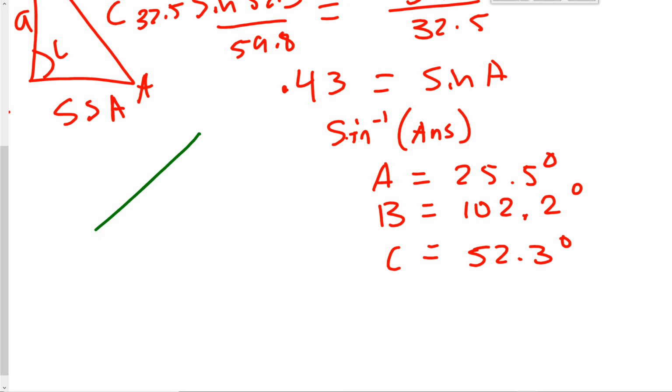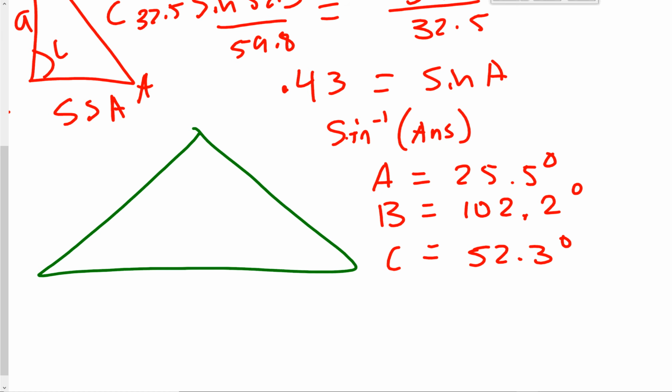Okay, so I'm going to draw this out for you so you can see. This is our angle A. This is our side A. This is C, so this would be side C. And then we found B, right? And here's little b.